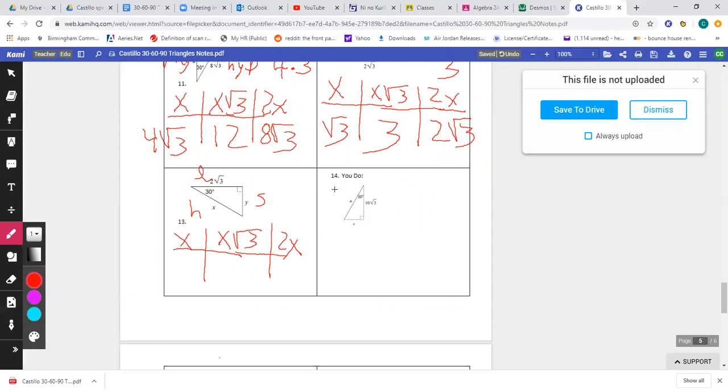So I'm going to put 2 root 3 here. But if you have the long leg and it's 2 root 3, obviously the short leg is just going to be 2, right? Because look at how the pattern is here. And then what's 2 times 2? 4.